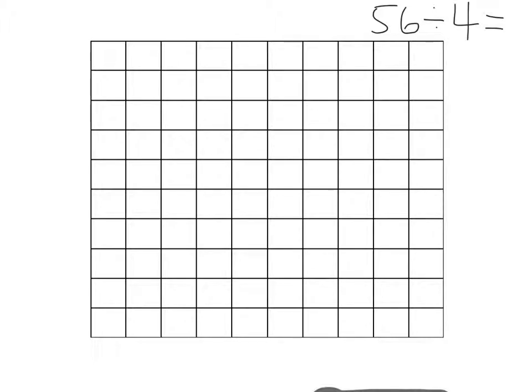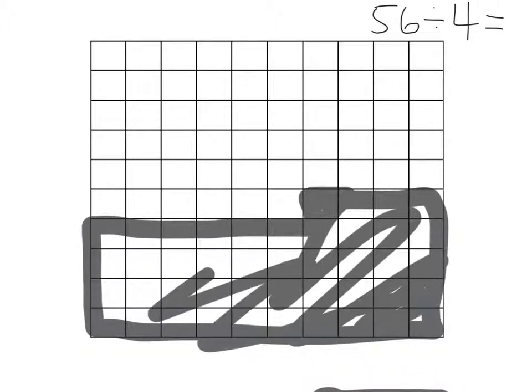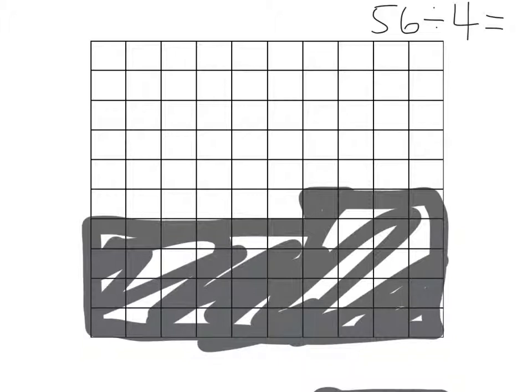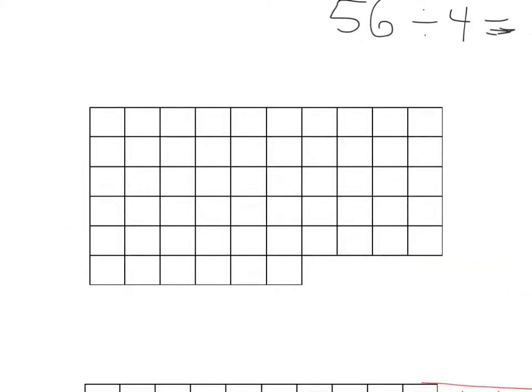Okay, so in this case we're doing 56. 1, 2, 3, 4, 5 rows down plus another 6. 1, 2, 3, 4, 5, 6. And we're going to cut off everything else. So once you've done that, now you have a grid with 56.